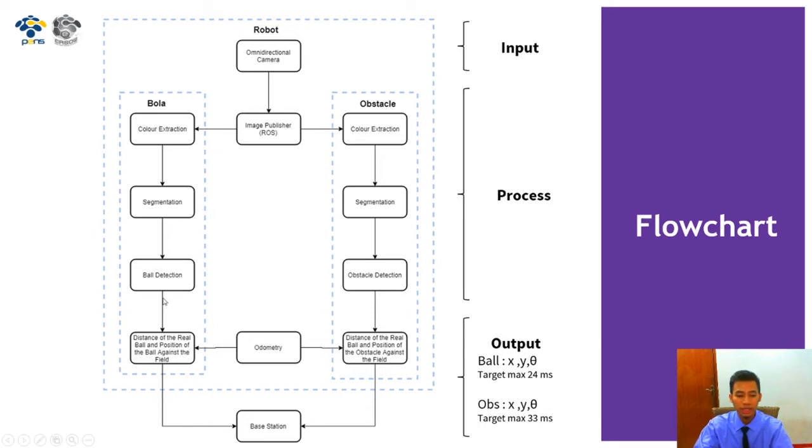After detection, I must calculate the distance of the real position of the ball and obstacle by adding the odometry, and then I send it to the base station, and the output is x, y, and theta of the ball and obstacle. And before I go to the research, I target a maximum of 24 milliseconds for the ball and 33 milliseconds for the obstacle.